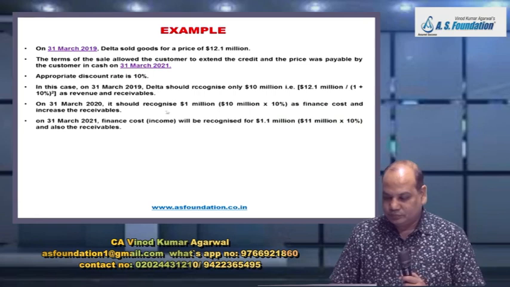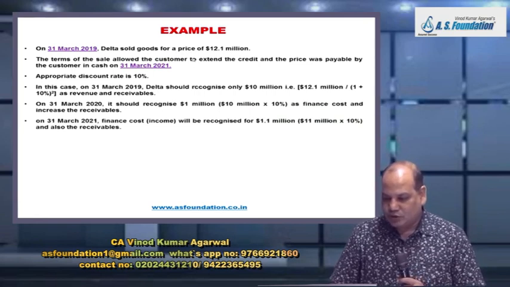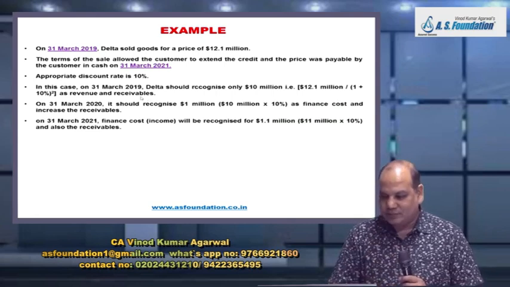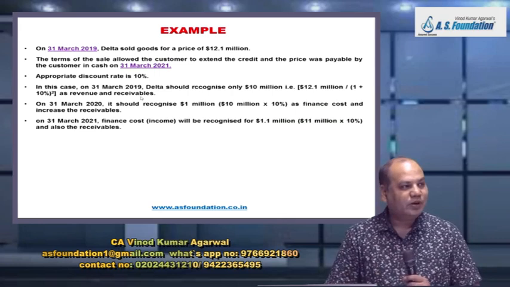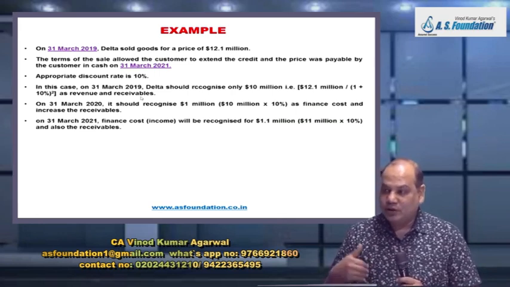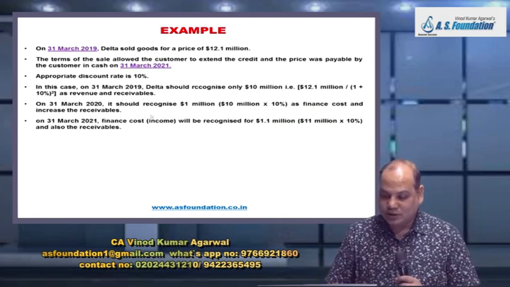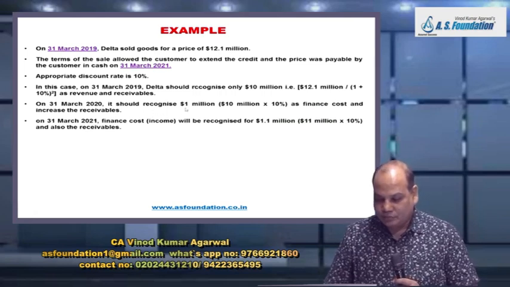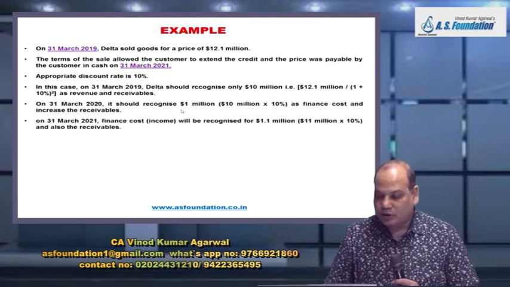Yes. So basically the amount of goods or service supplied is 10 million. The additional amount of 2.1 million is your income, but that is another type of income called interest income. So on 31st March 2020, it would recognize $1 million as finance cost and increase the receivable.